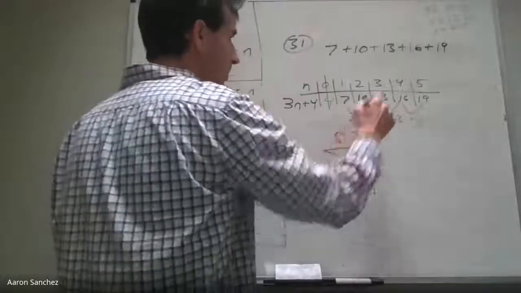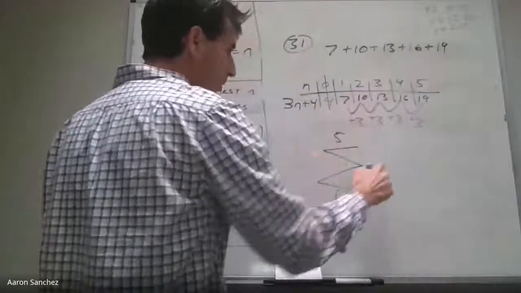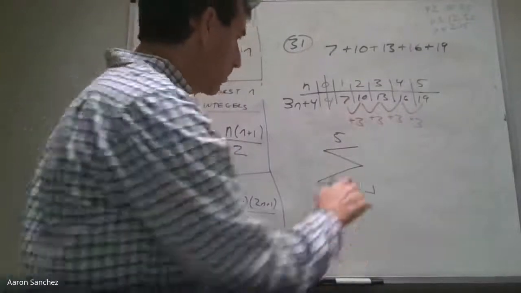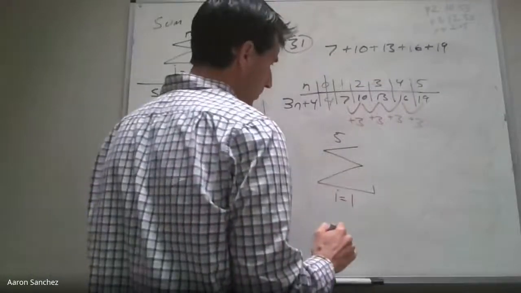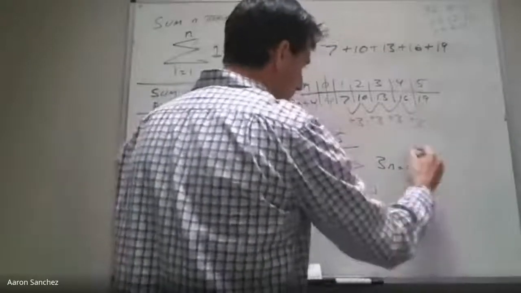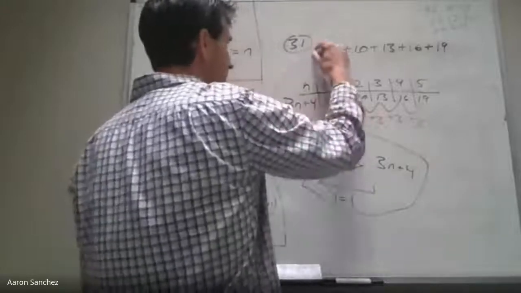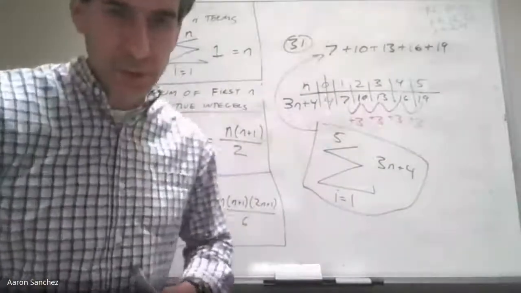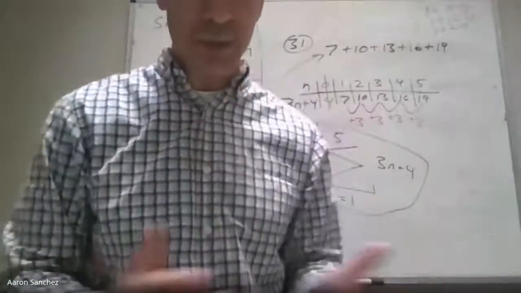It's the fifth term. We end with the fifth term. And then what's my rule? I just have to put my rule, right? Montserrat, what's my rule? 3n plus 4. There you go. And that is how you write this in summation notation. The hardest part was figuring out the rule.